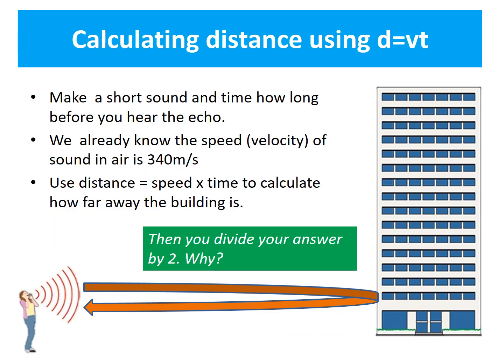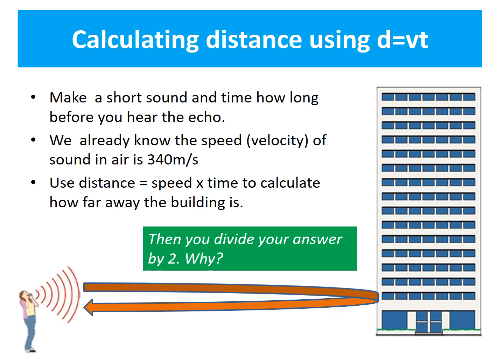The way you calculate distance is you use the formula distance equals speed times time. You make a short, sharp sound like a clap, or in the video we actually use a drum, and then we time how long it takes us to hear that second noise, that returning echo.